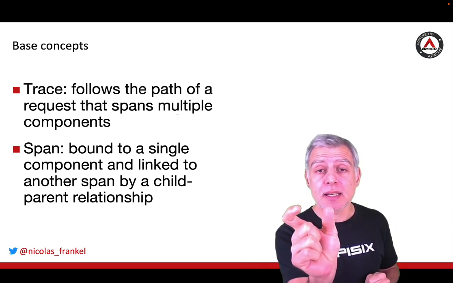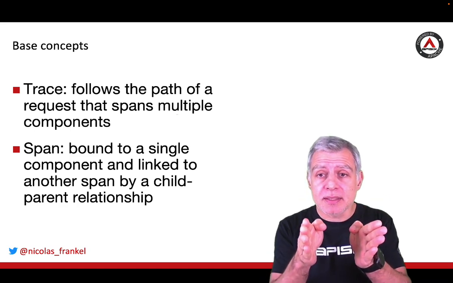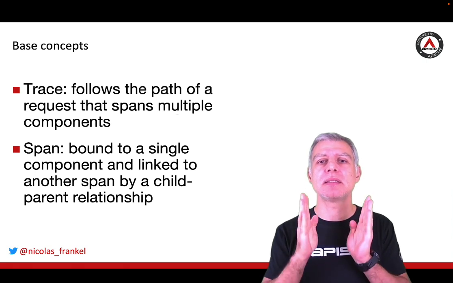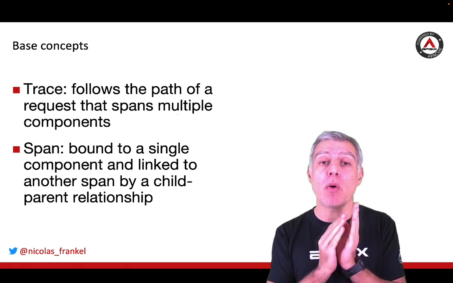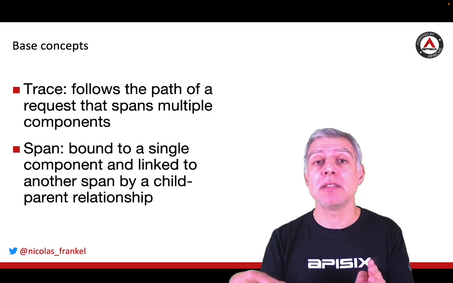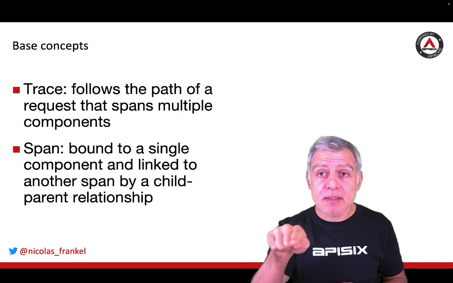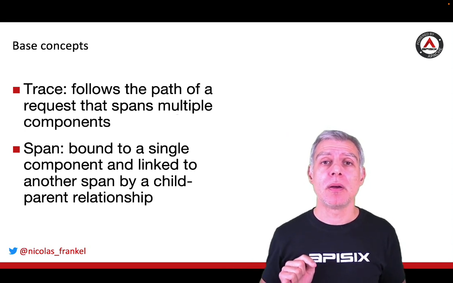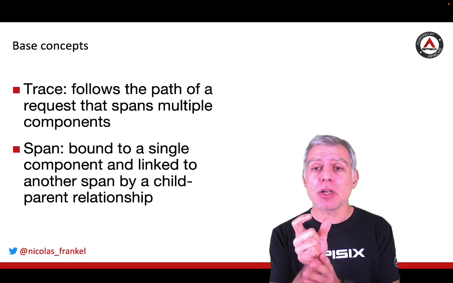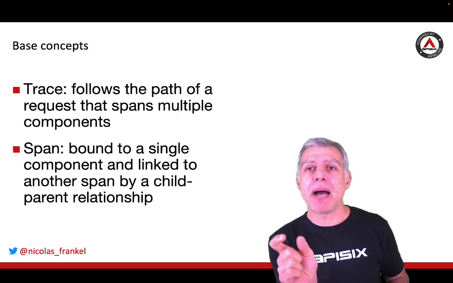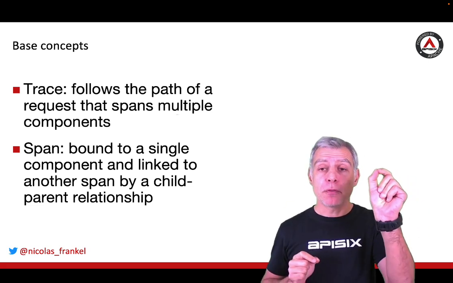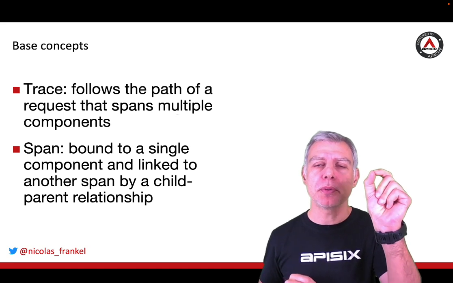The span is actually the execution of one part of the trace in a single component. And of course, for each component, you can have multiple spans if you're interested in where inside this component the flow of the request goes. And each of those spans are bound together in a parent-child relationship. The first component is the important one.